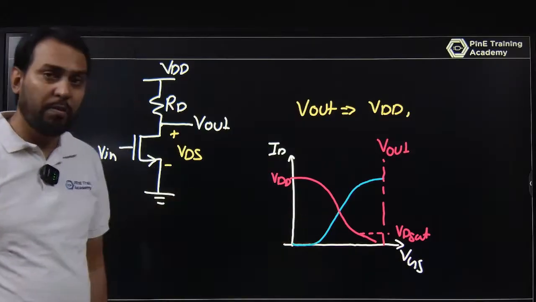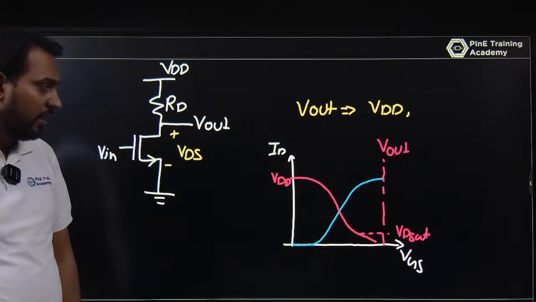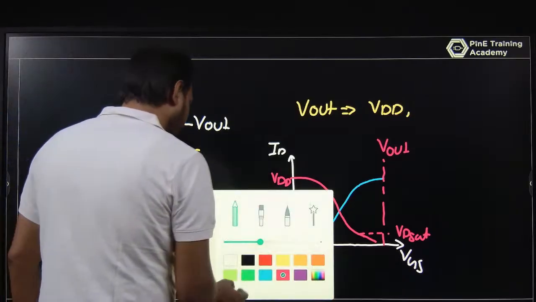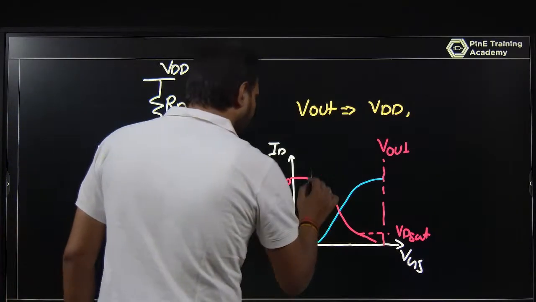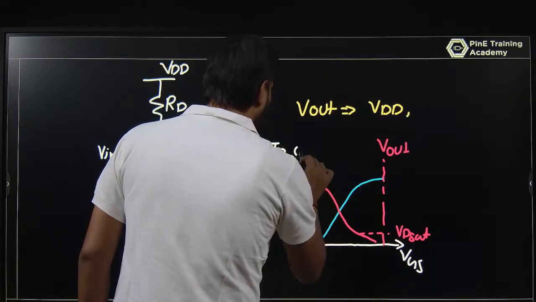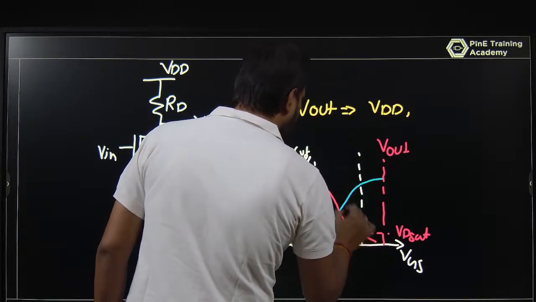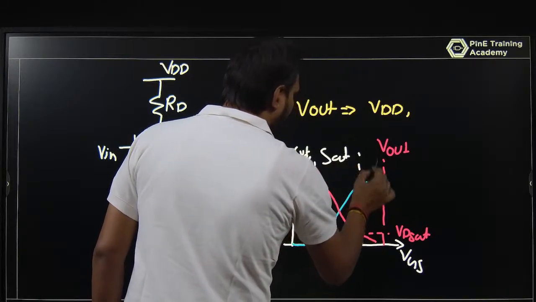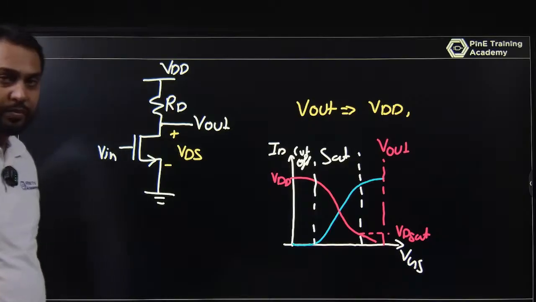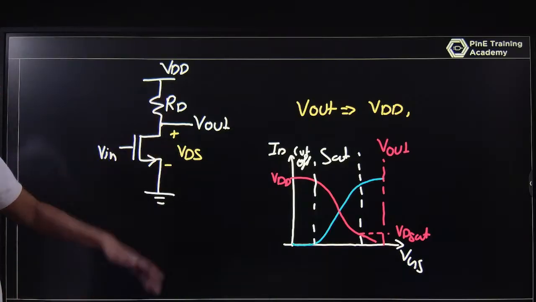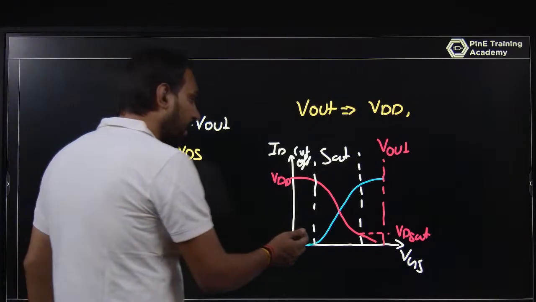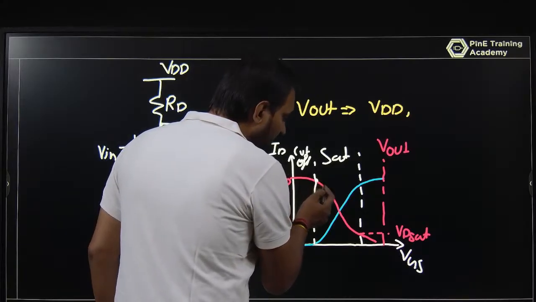After that the MOSFET is entering the linear region. So if you talk about cutoff, that is the region where it is maintained in saturation, and after that it will be linear. So the output can vary from VDD to VD side.